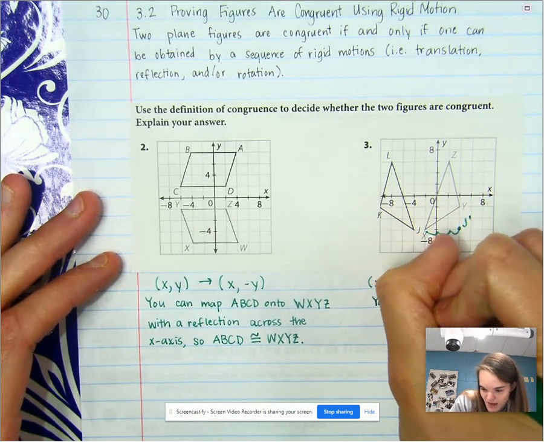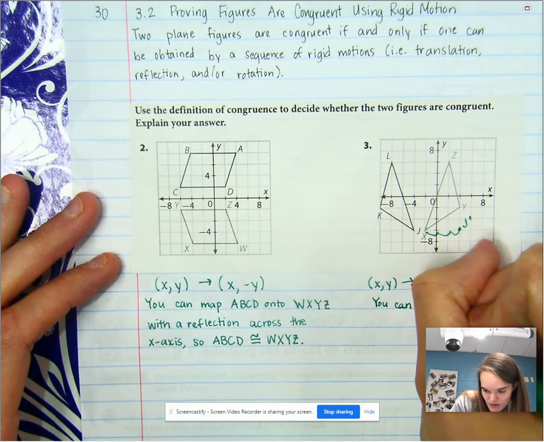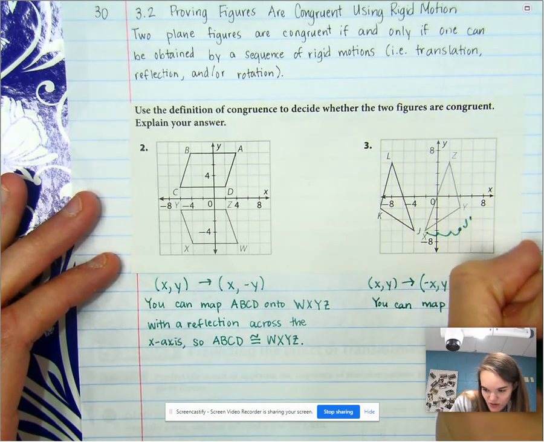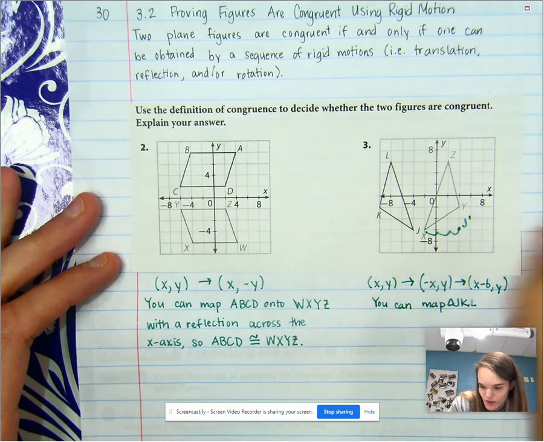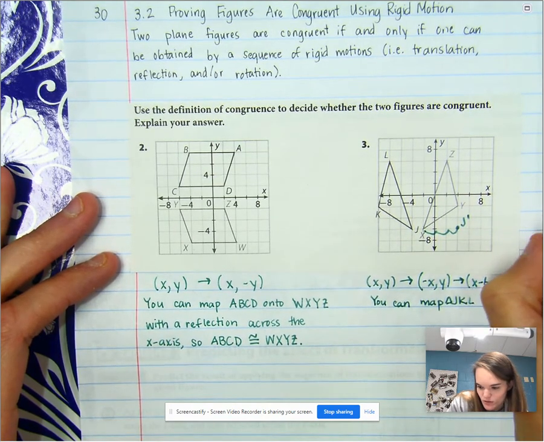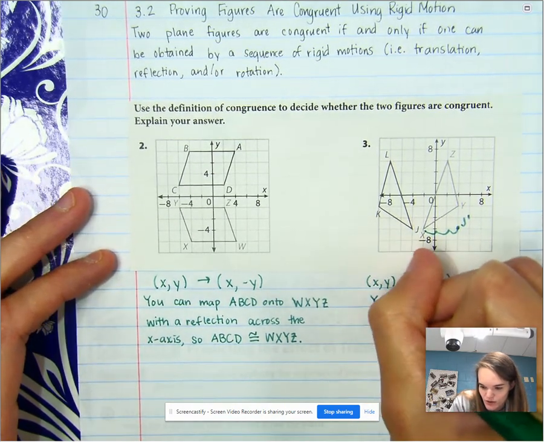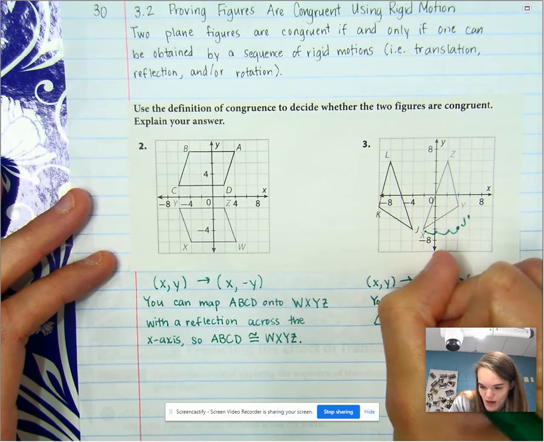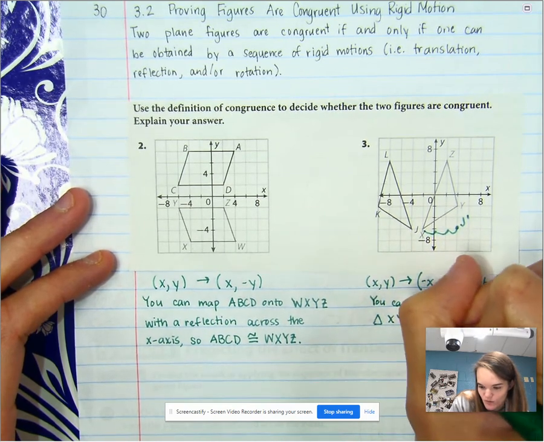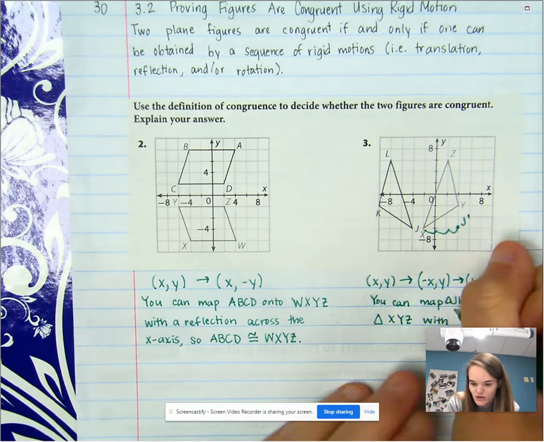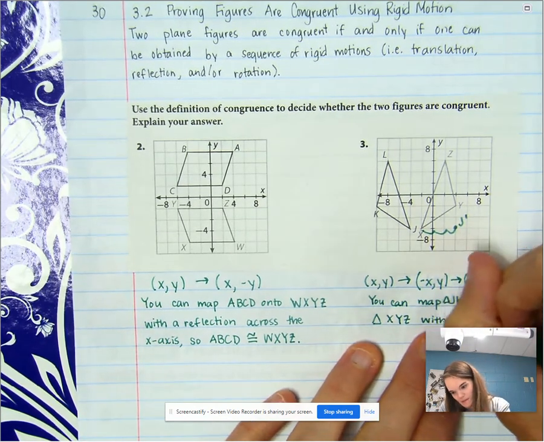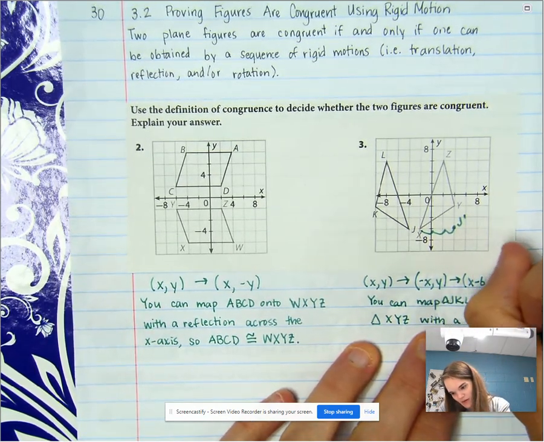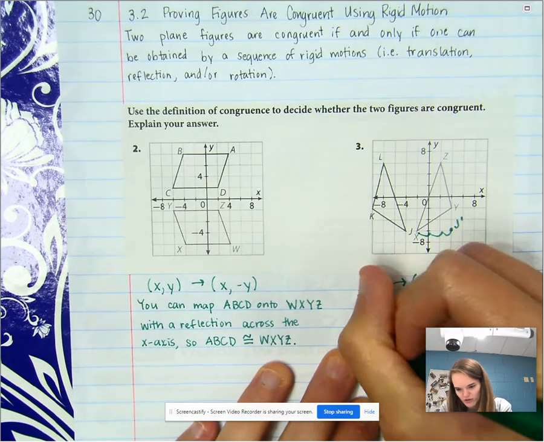So you can map JKL, and we need to put a little triangle symbol, onto triangle XYZ with a reflection and a translation.